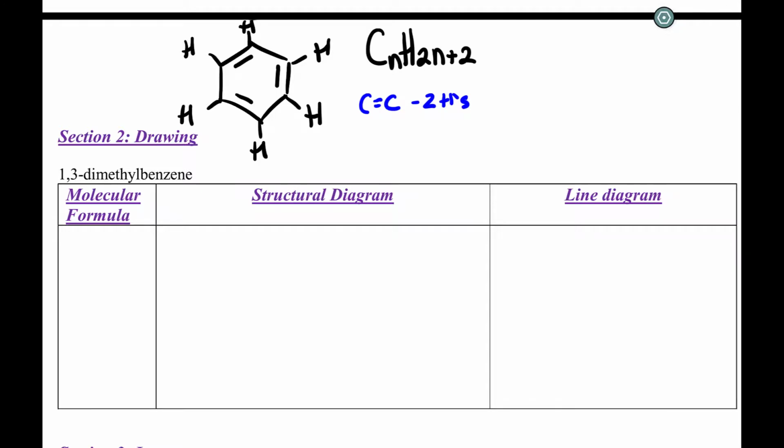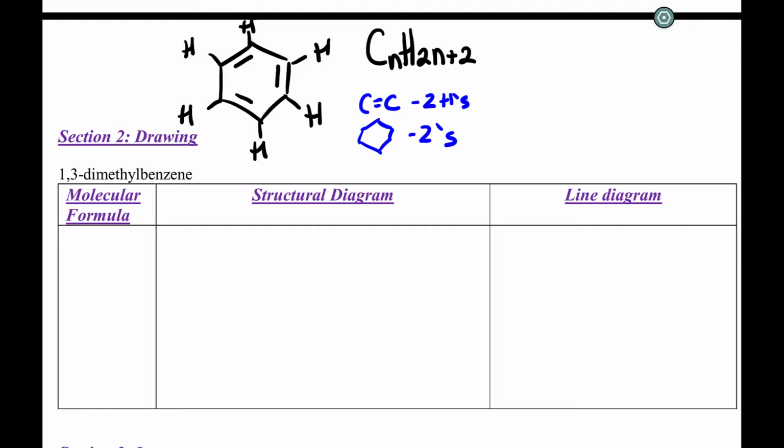Or anytime you make something cyclic, you would also subtract 2 hydrogens from it. Because every time you do a double bond, each carbon has to lose 1 hydrogen, so you'd subtract 2. Where the chain comes around to form a ring, the 2 carbons that meet to make the ring each have to lose a hydrogen to come together as a ring.